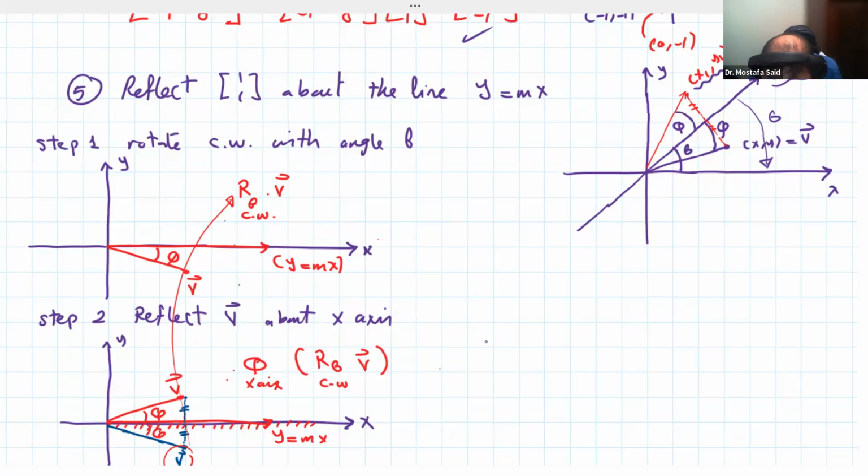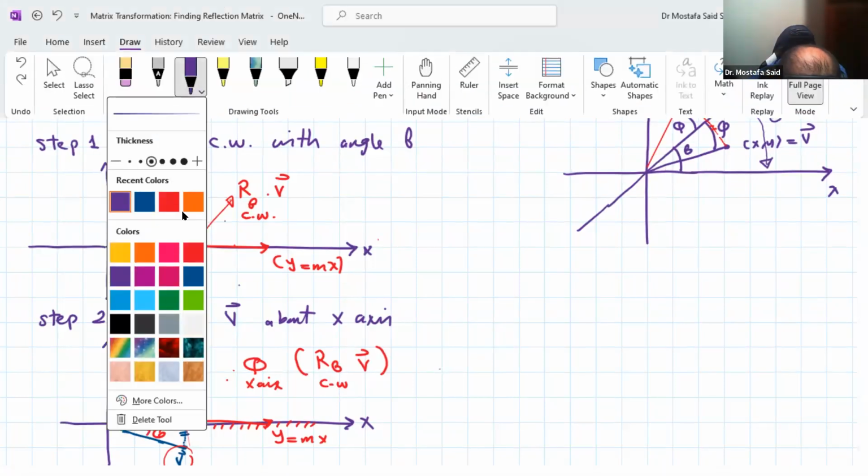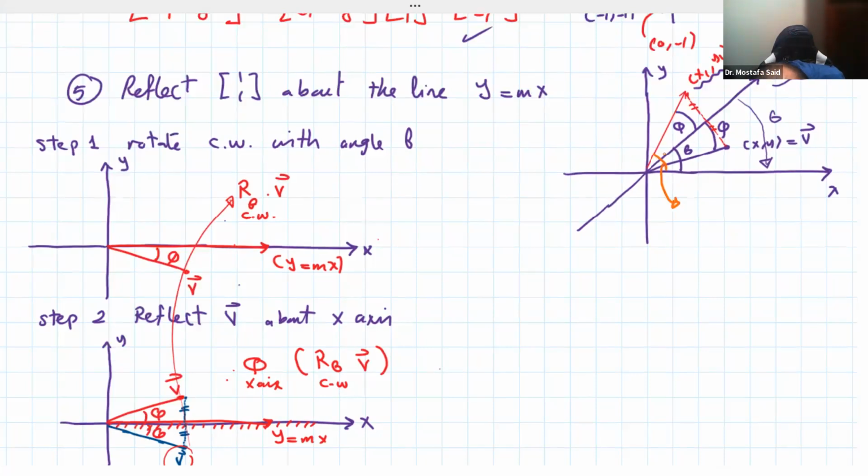Everything will go in that direction with an angle theta. So what is this big angle here? Let's do it with another color, orange. This big angle here is actually theta plus phi.